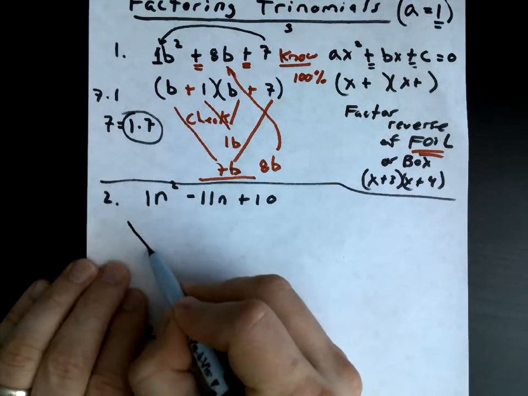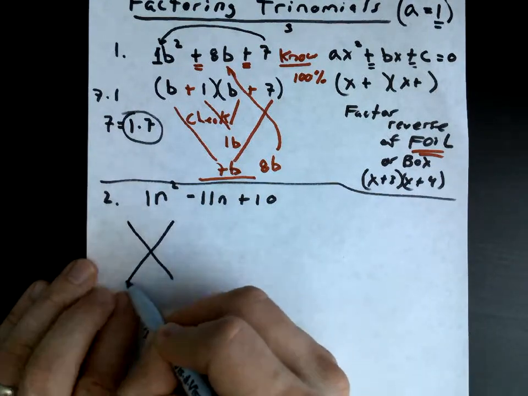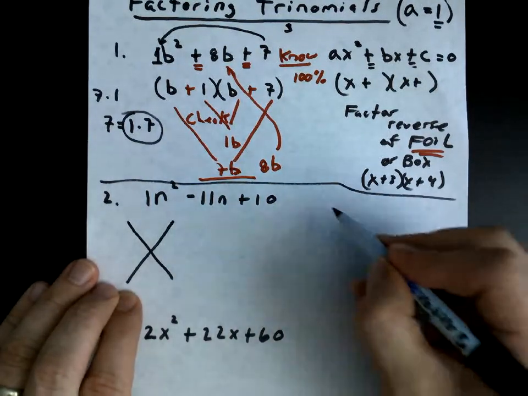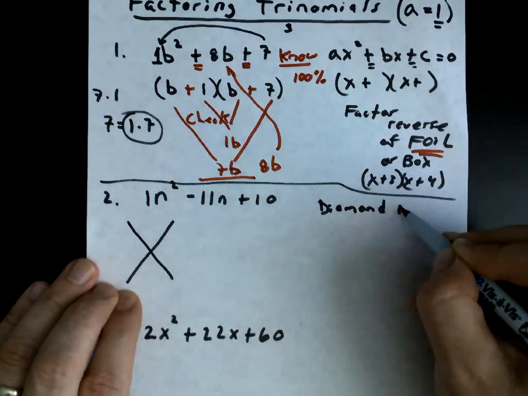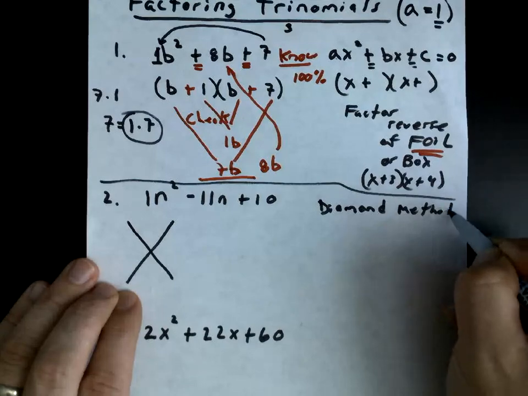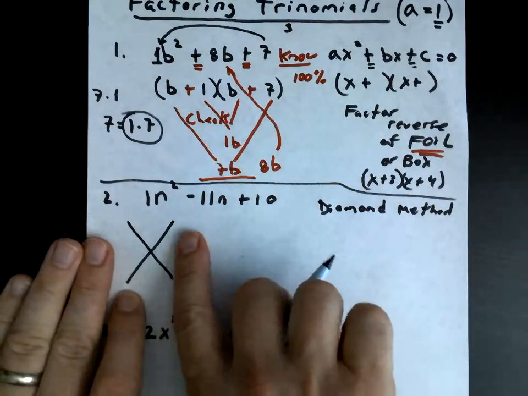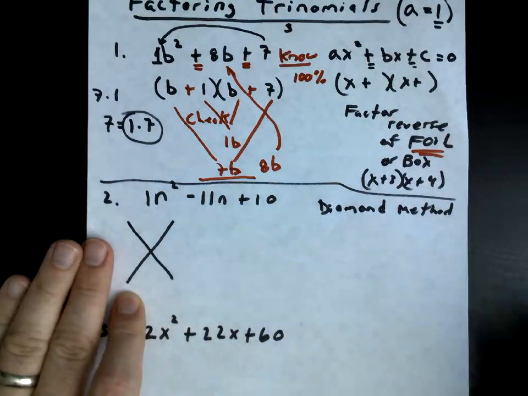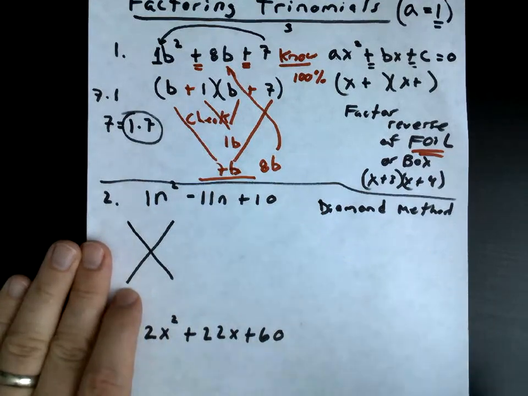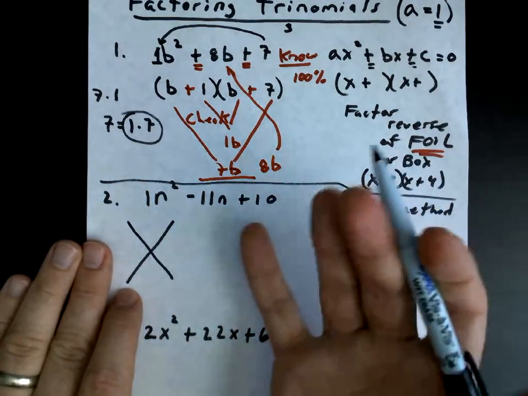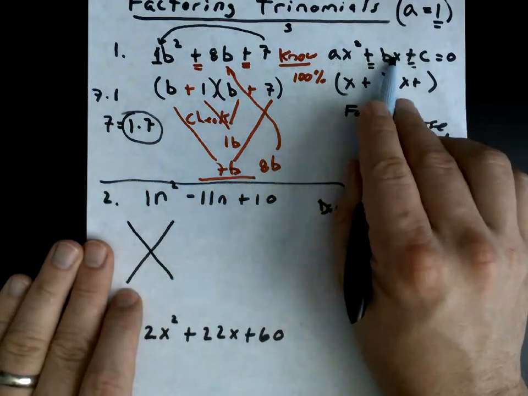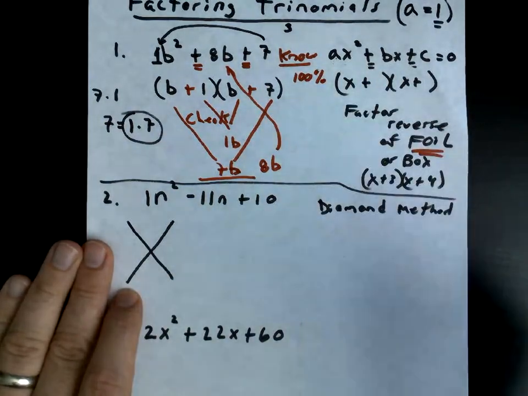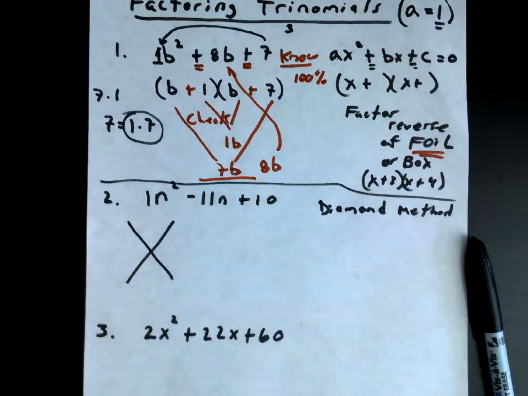Some teachers call this the diamond method. It kind of looks like a diamond if you draw one in there, or a big X, doesn't matter. Here's what you would do if you're factoring in this case. I'm going to do some underlined work here.